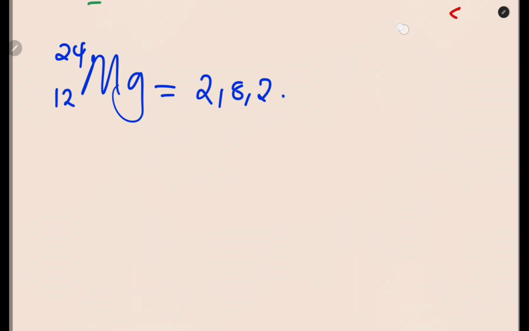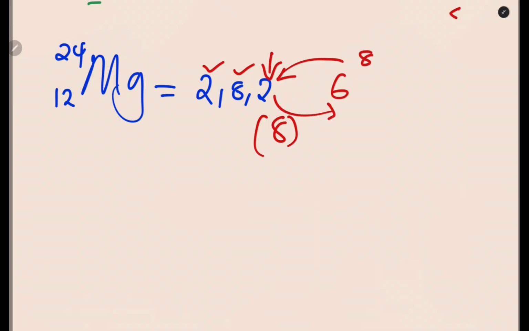Now look at this. The first shell is stable, the second is stable, but the third one is not stable because the required number of electrons is 8 and we only have 2, a shortage of 6. So now, is it going to gain 6 to make 8 or lose 2? Which one is easy?